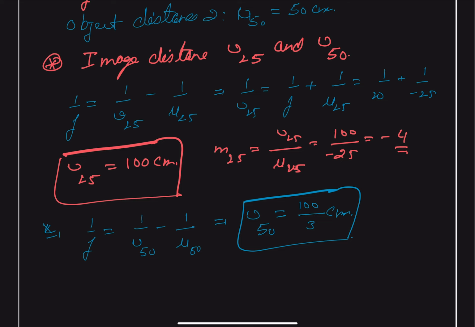Similarly, we can find out M50, which will be equal to V50 divided by u50.